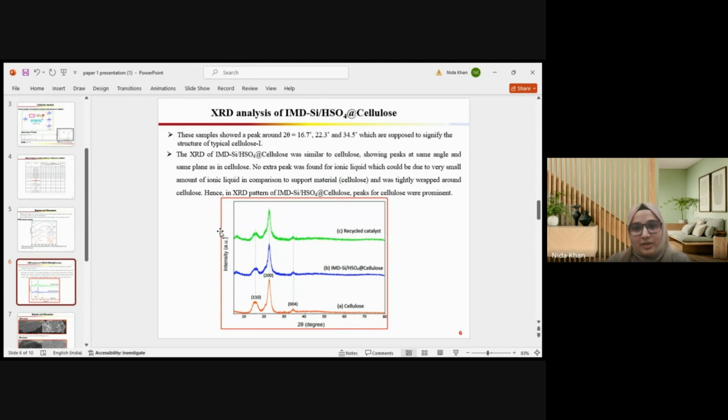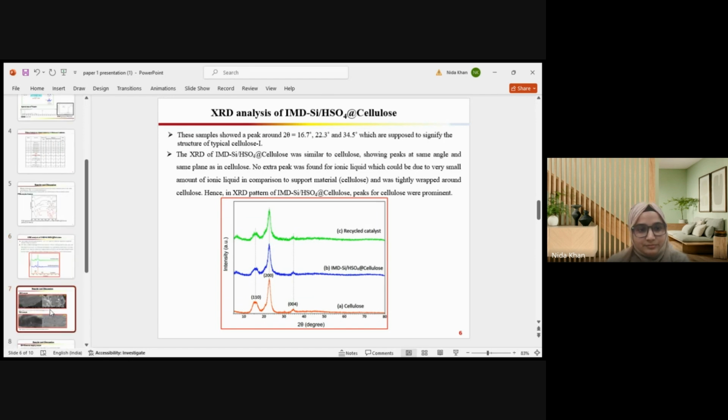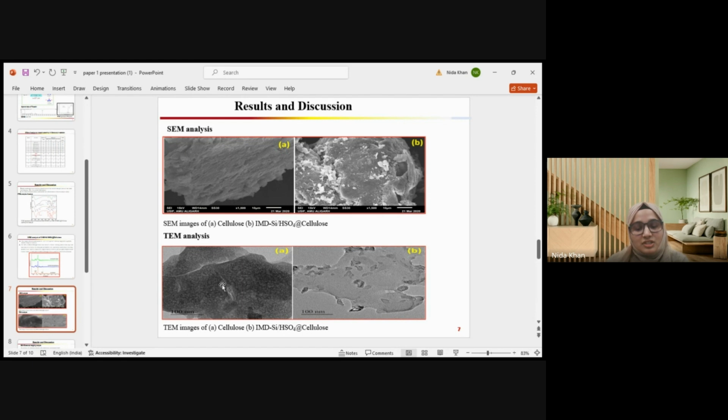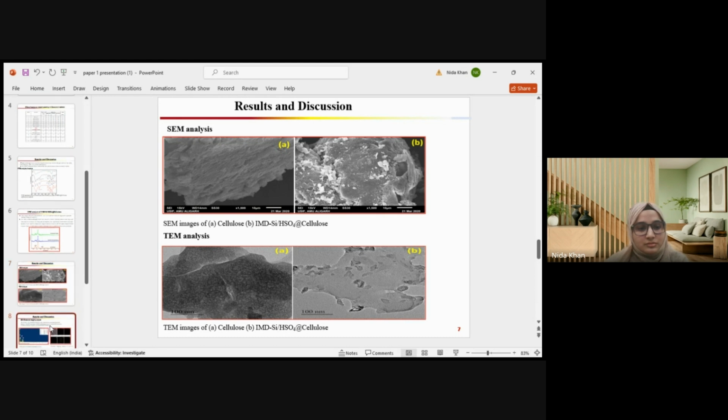Hence, in the XRD pattern, the peaks for cellulose were prominent. The SEM analysis confirms that cellulose has a sheet-like structure, and the ionic liquid was present on the surface of cellulose. TEM analysis also shows that cellulose is sheet-like, and the ionic liquid is fused on the surface of cellulose.